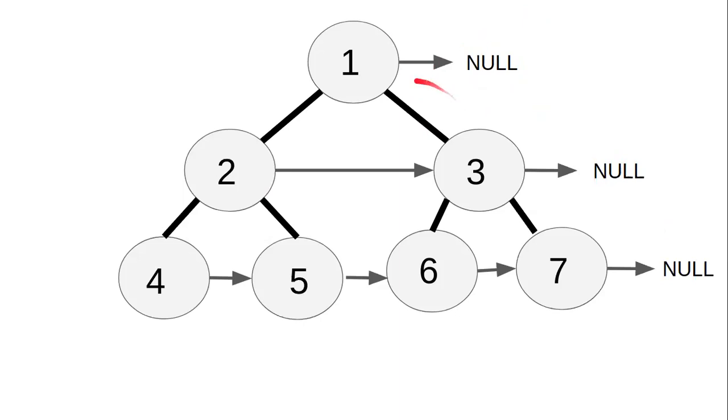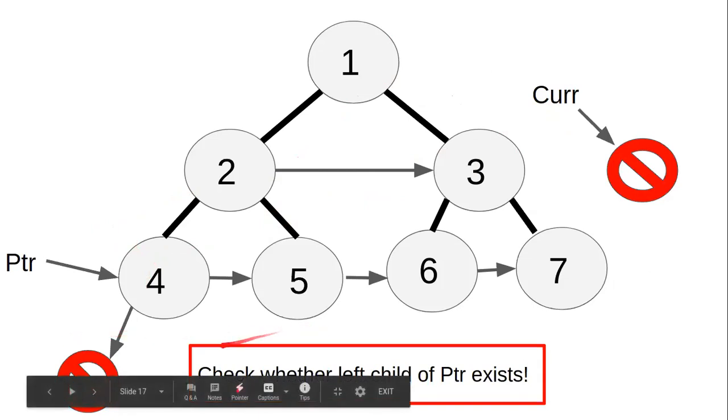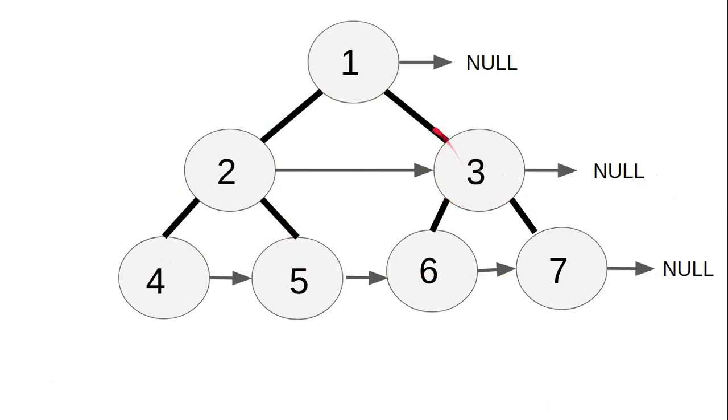As you can see, while PTR is right here, I will not tell current to point to node 4, because there are no more nodes present below it to connect. So in this particular algorithm, current will only traverse the non-leaf nodes, but not the leaf nodes. For example, if there are a total of 7 nodes, then current will traverse only 3 nodes.